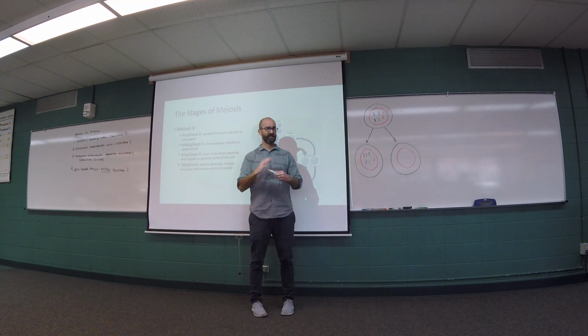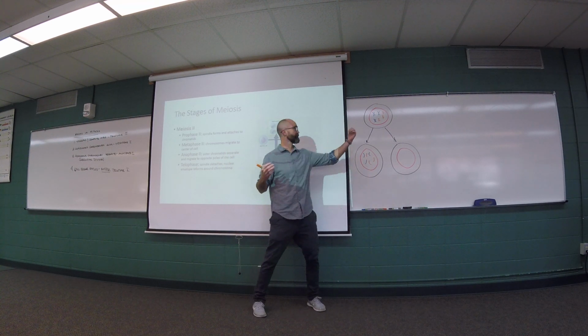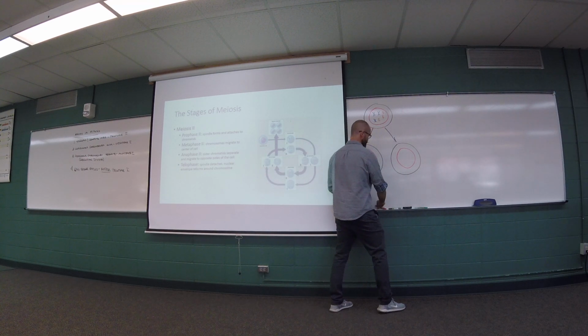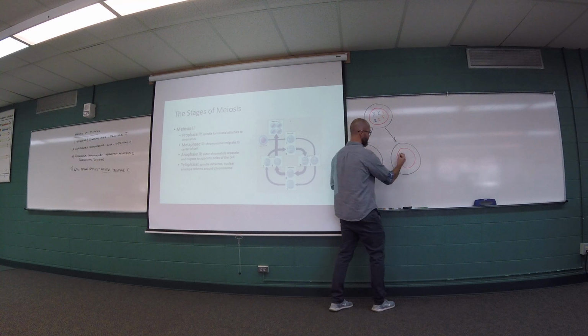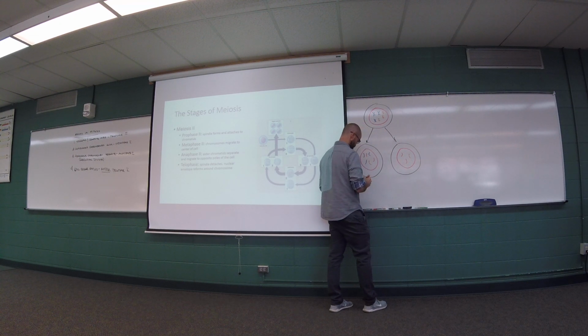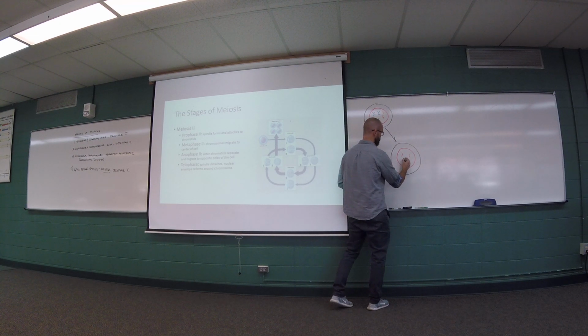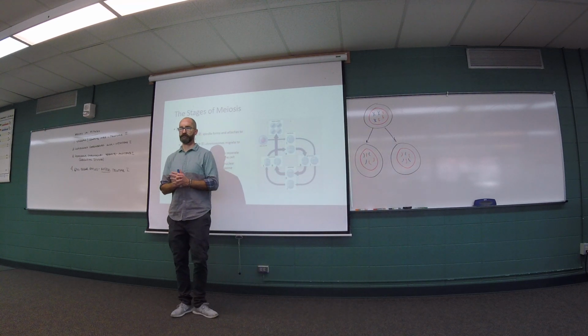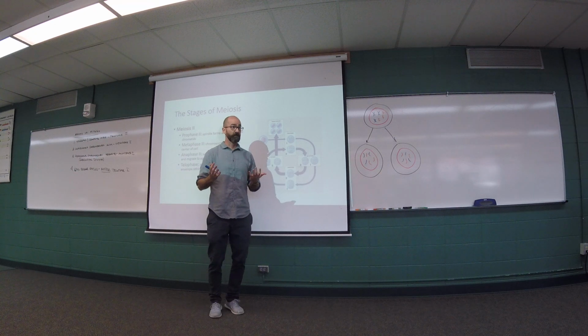Right? It's identical to this one. Has exactly the same genes. Same with this one over here. We're going to get 3 of these, and we're going to have 3 of these. That's mitosis. Meiosis is a little bit different though, right?